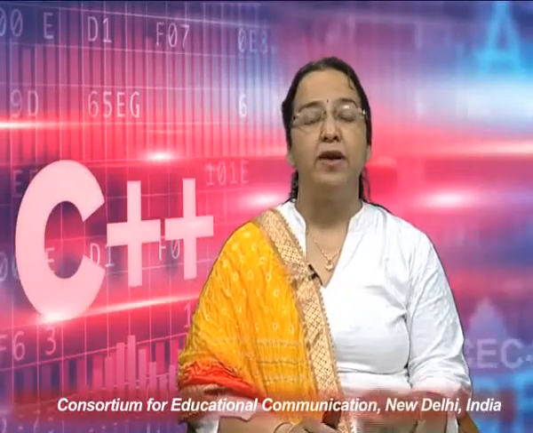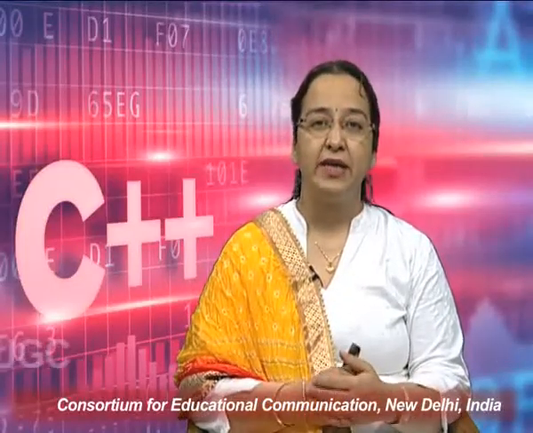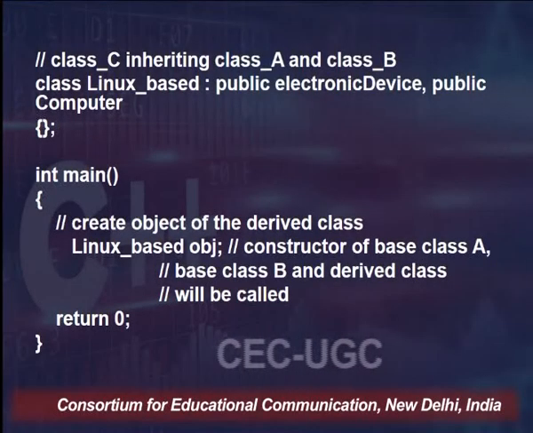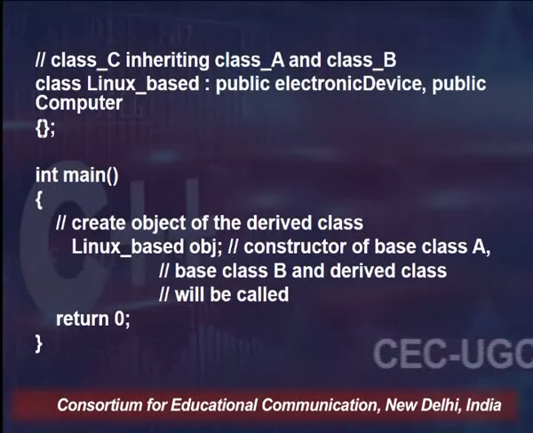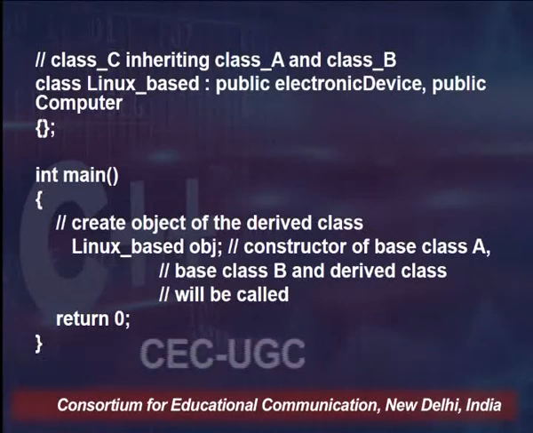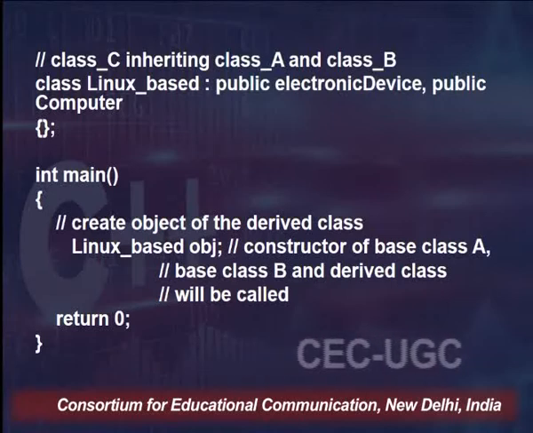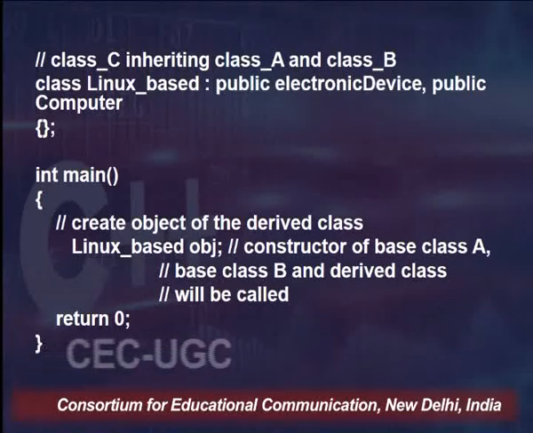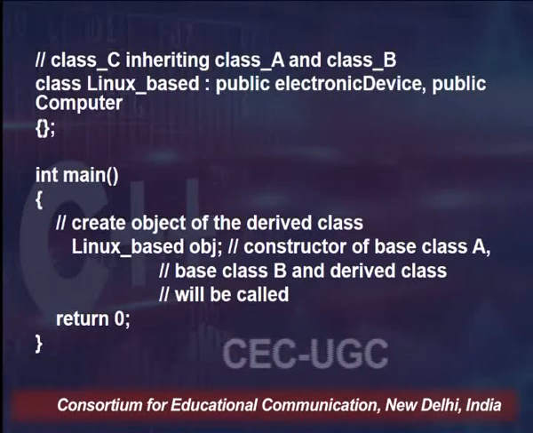Now when we are inheriting these two classes, electronic device and computer, for the next class, let us say a class named Linux based, how are we doing it here? Class Linux based colon public electronic device comma public computer.